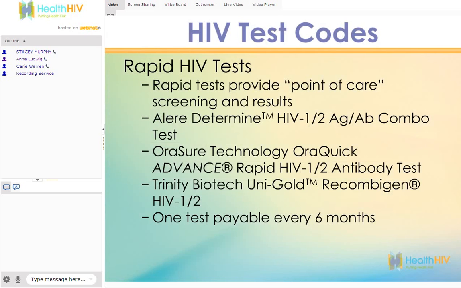Most of the practices I've worked with that have done chart audits typically use OraSure or Alere. Rapid tests are typically payable once every 6 months, but again, check with your payers. Some may say we're only going to pay for it once a year. It all depends.